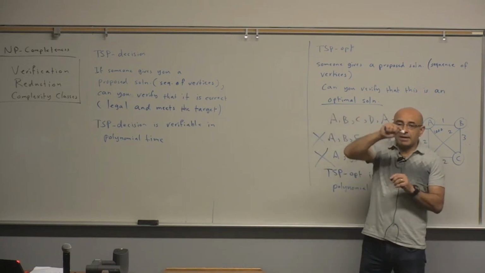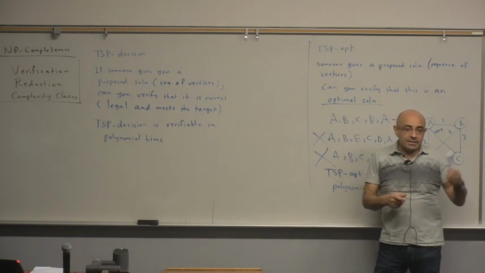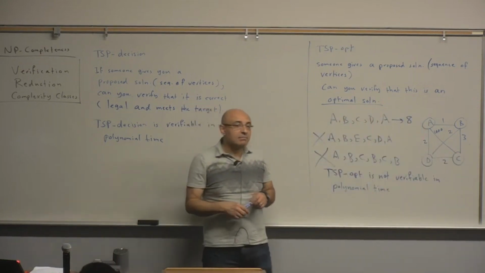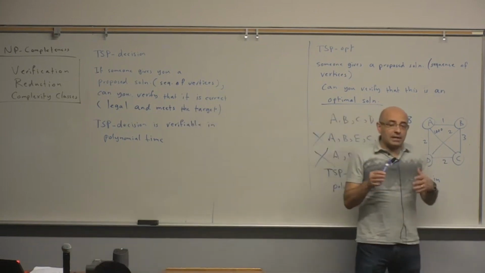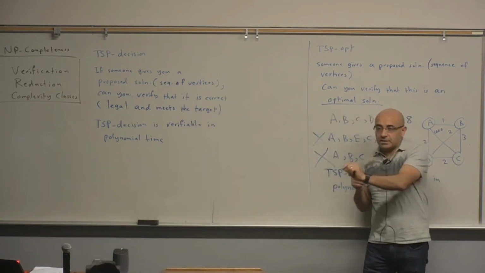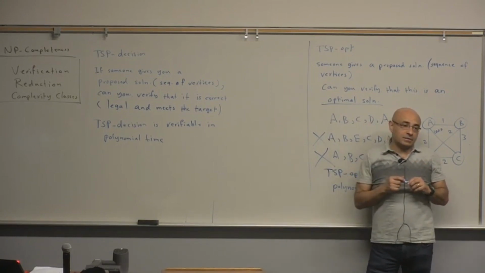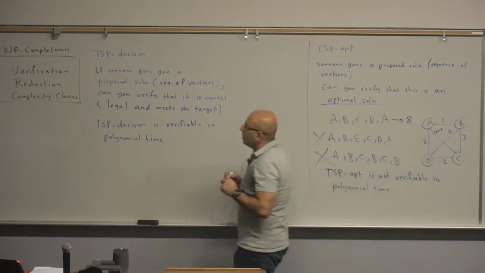Okay, so you just sum the edge weights, and then compare that with the target. And you do that after checking that all the vertices exist in the graph and verifying that you are not repeating any vertices. Okay?